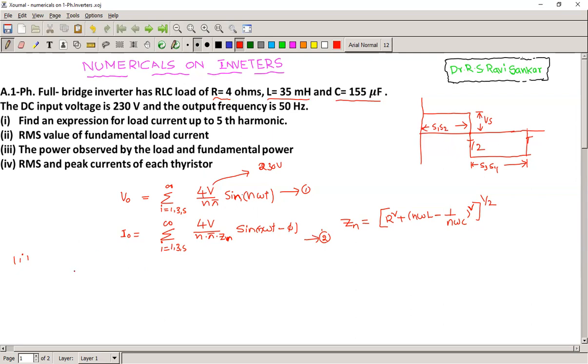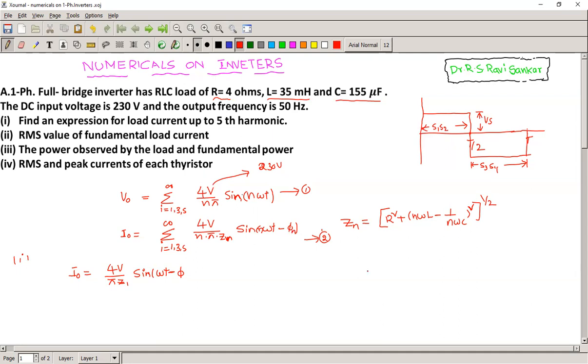So write i naught equal to 4V by pi Z1 sin of omega t minus phi n.